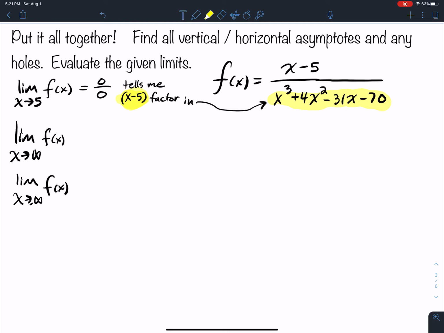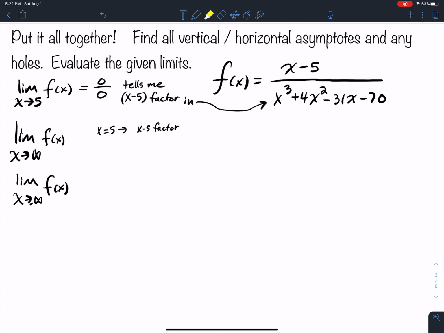So that's where this x minus 5 factor is coming from. Now, I think it's the factor theorem, but I could be wrong on that one.